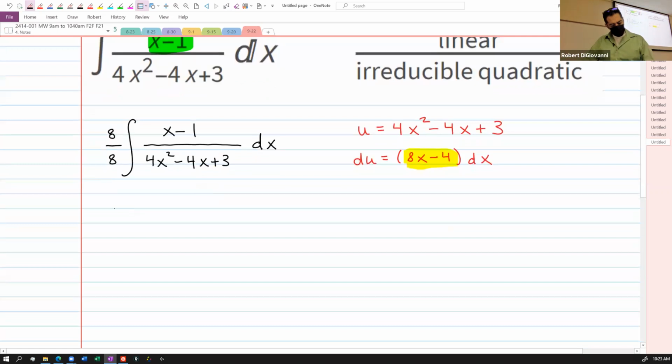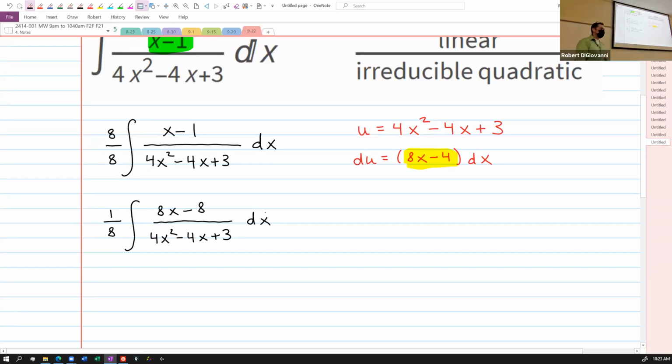So now my integral looks like this: 1 over 8, and then I have 8x minus 8 on top, and on the bottom, I have 4x squared minus 4x plus 3 dx. Yes?